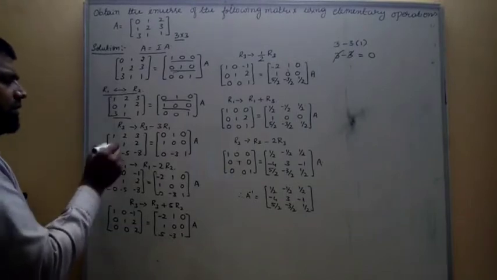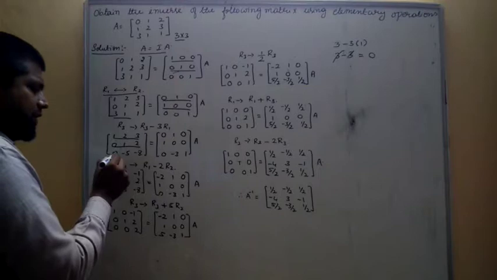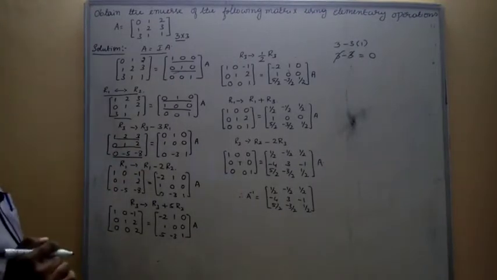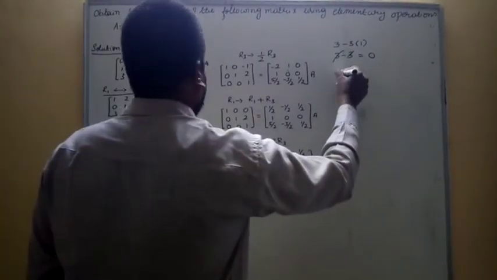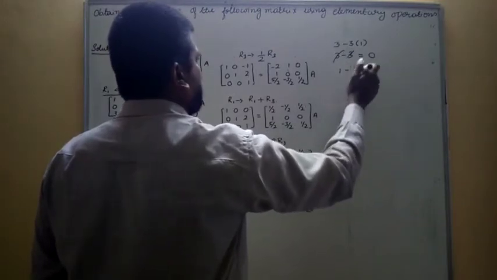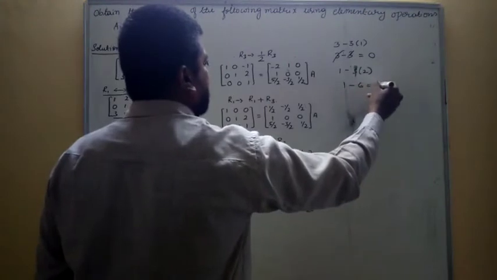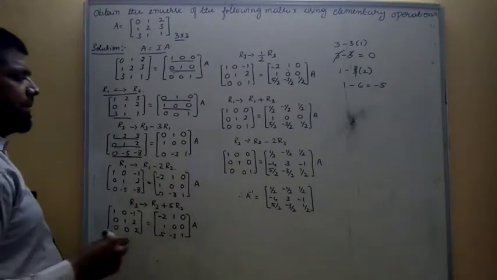We have to write the first row the same, the second row the same. Now we have to change only row 3. Next, 1 minus 3 into 2. Then 1 minus 6 is minus 5. So minus 5 you have to write here.